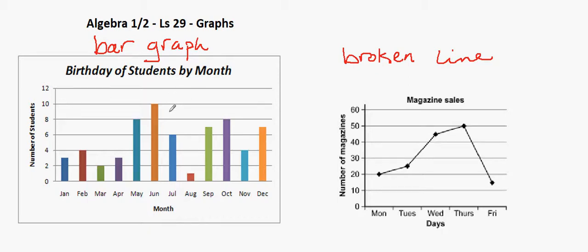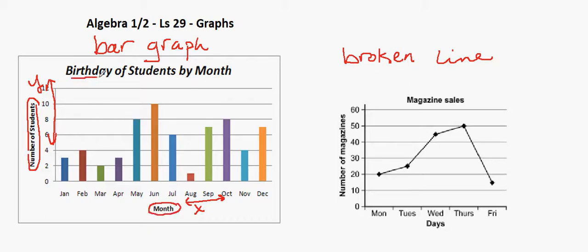So if they ask you simple questions like, how many more students are born in June than in May, you look at your, what's this axis? The y-axis is the one that goes up and down. The x-axis goes horizontal. So the y is telling us, check out the label, how many students, and the x is labeling them by the month of the year they are born.